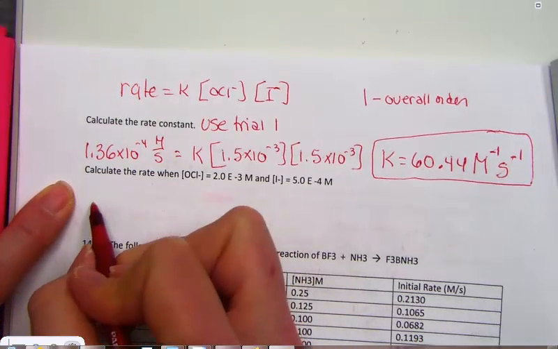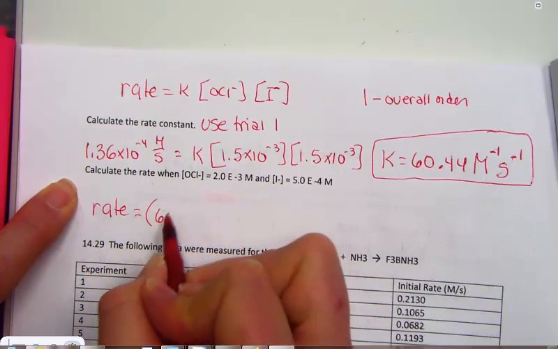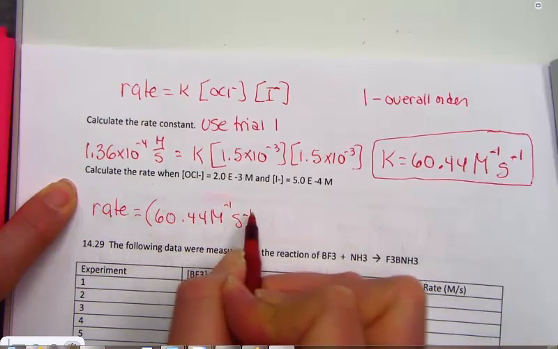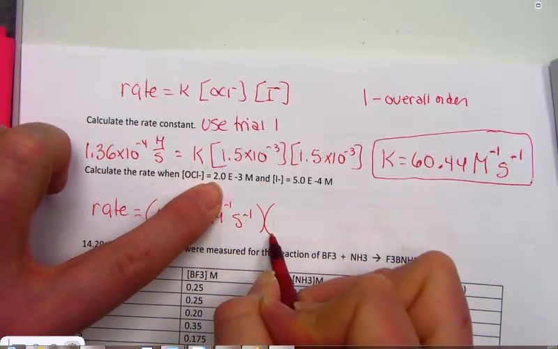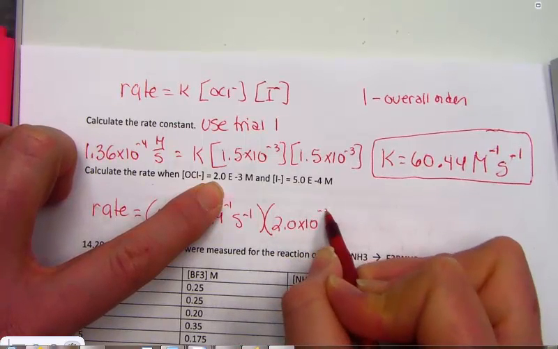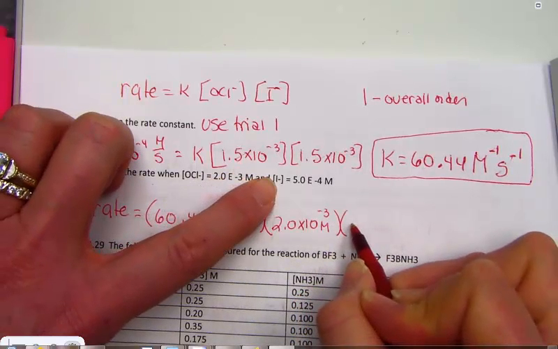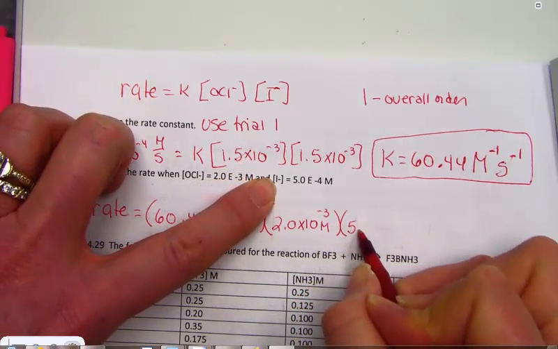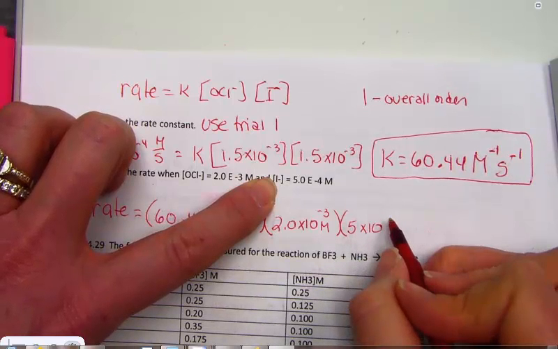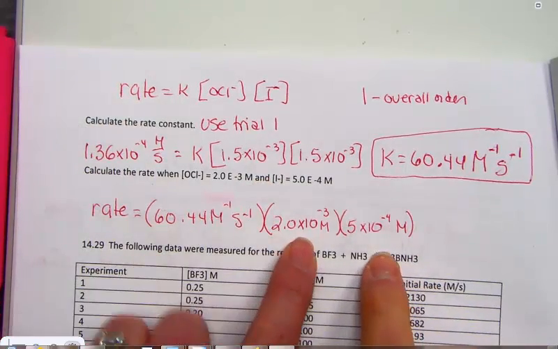Let's calculate the rate. Now that we know the rate constant, we just calculated that, 60.44, M -1, S -1. But now the concentrations of these are from a trial we never have to conduct. And that's the beauty of knowing the rate law. Once I know the rate constant by running just a few trials, I can figure out the velocity or the speed, the kinetics of a reaction by just inserting any values for those reactants.